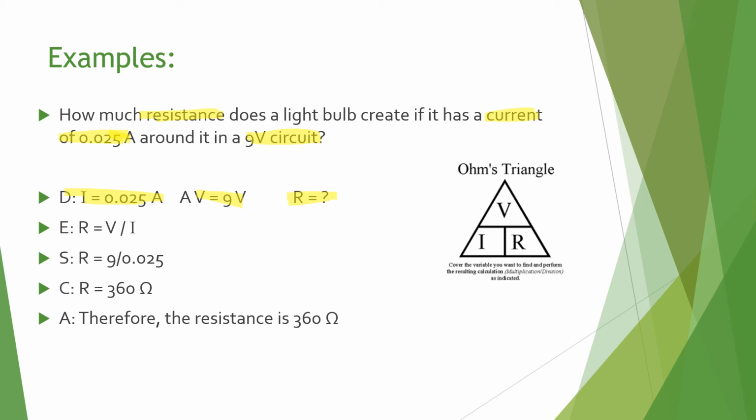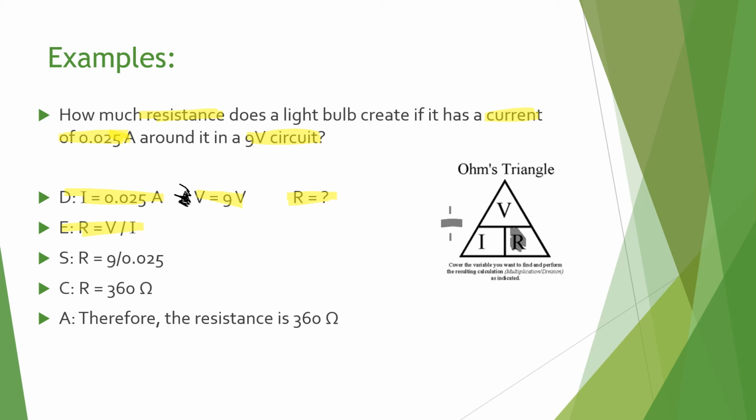So we have current, we have voltage, and we're trying to find resistance. If we're looking for R, we're going to cover up R. And what are we left with? V divided by I. That's why we have our equation here: R equals V divided by I.